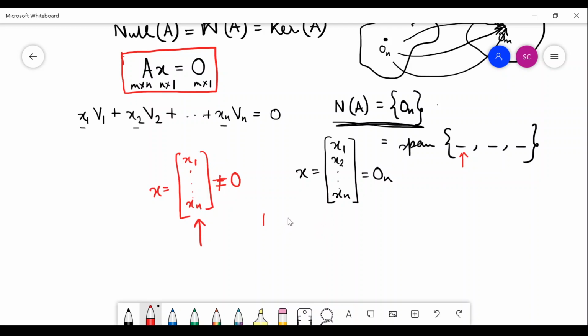However, it might so happen that at the end of the column operation you get two 0 vectors in the set of top vectors. That means there are two such vectors x which will satisfy this equation.